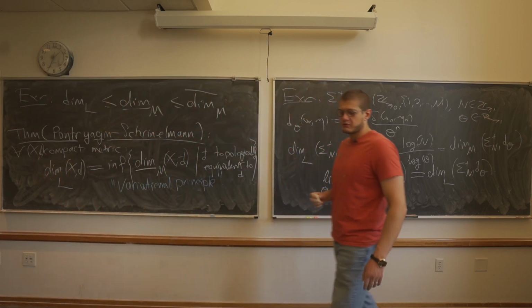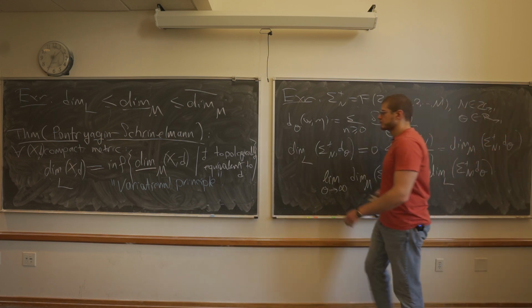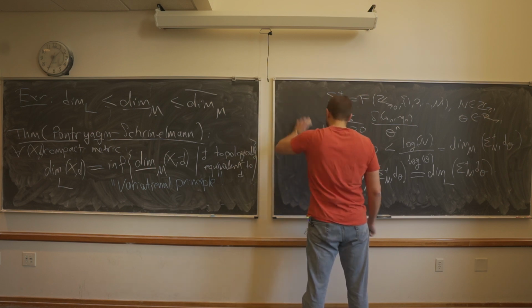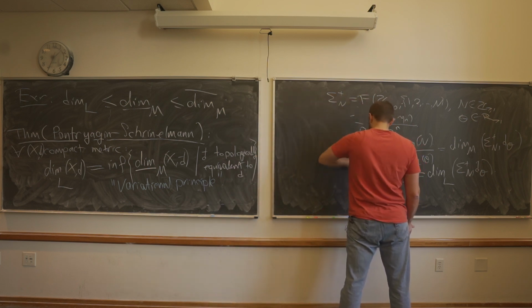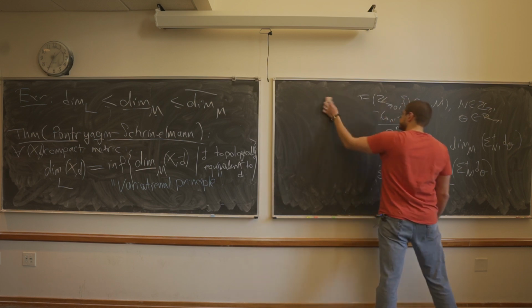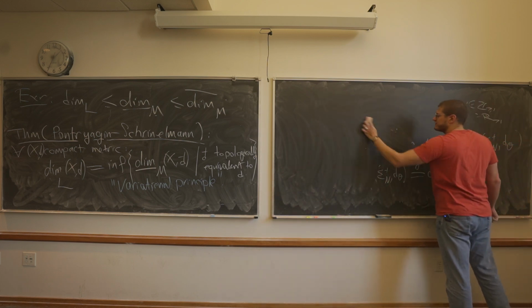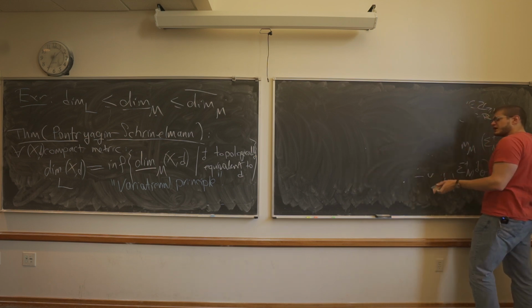Any questions? Let's now relate this to the Moran-Hutchinson formula. I'd like to give a heuristic as to why at least the Minkowski dimension count is true.